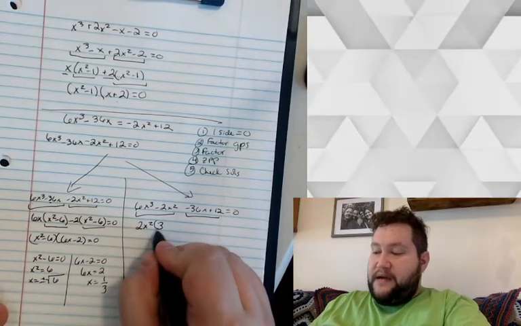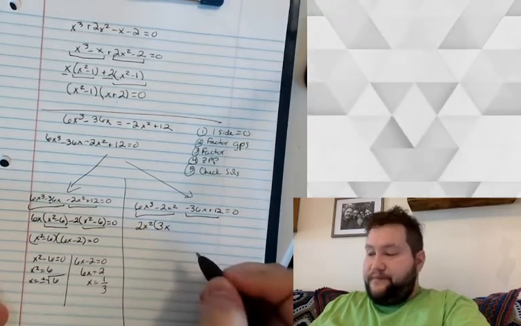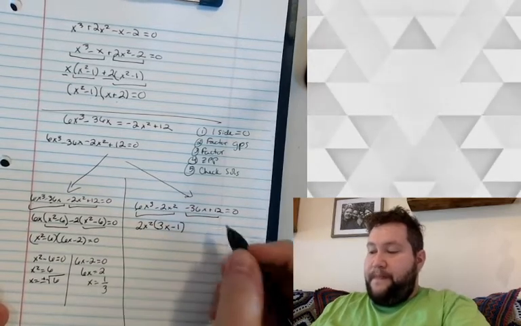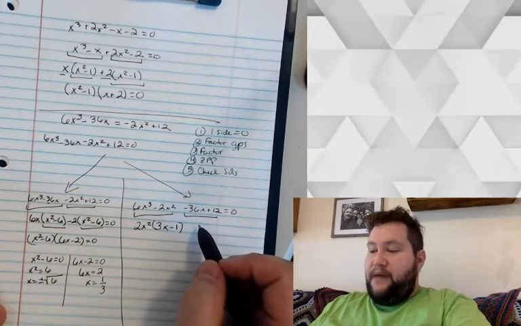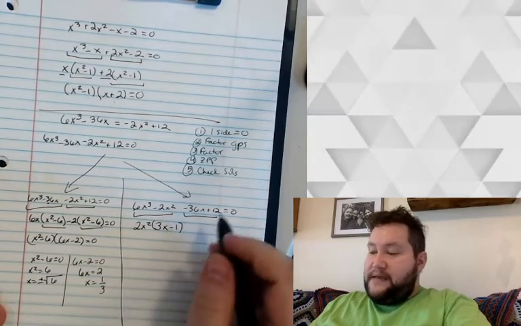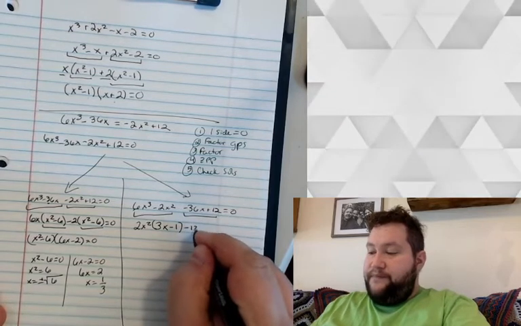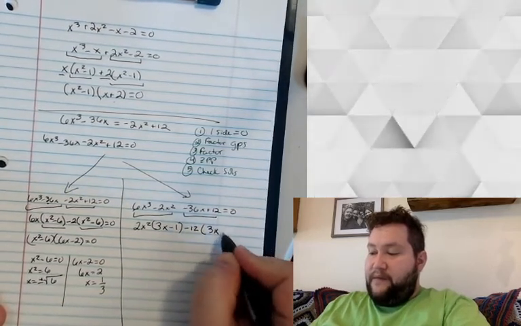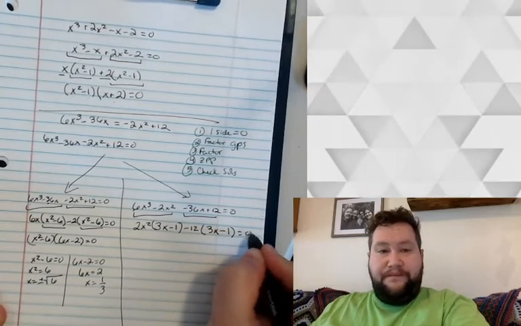If I take an x squared out of x cubed, I'm left with x. Minus 2x squared, I'm left with just a minus 1. And then keeping in mind that I want a positive 3x minus 1, let's go ahead and take out a negative 12. And we're left with 3x minus 1 is equal to 0.